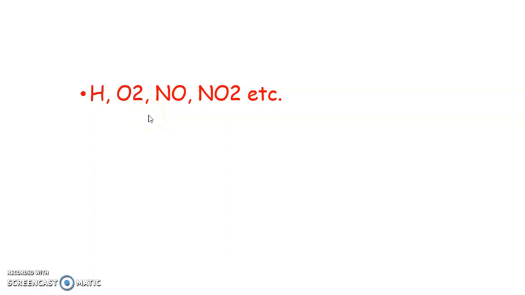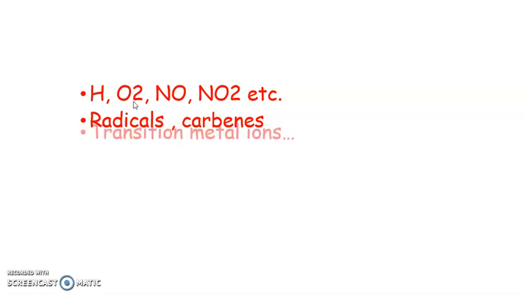These have unpaired electrons. Here, the oxygen molecule, although it's a stable molecule, has 16 electrons, of which there are 2 unpaired electrons in a degenerate pair of molecular orbitals, the pi star orbitals. So it is paramagnetic. Then radicals, carbenes, all have unpaired electrons.